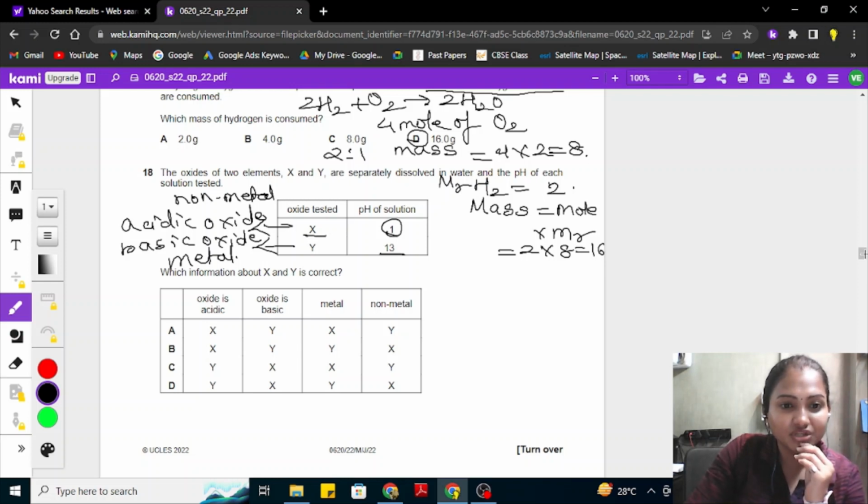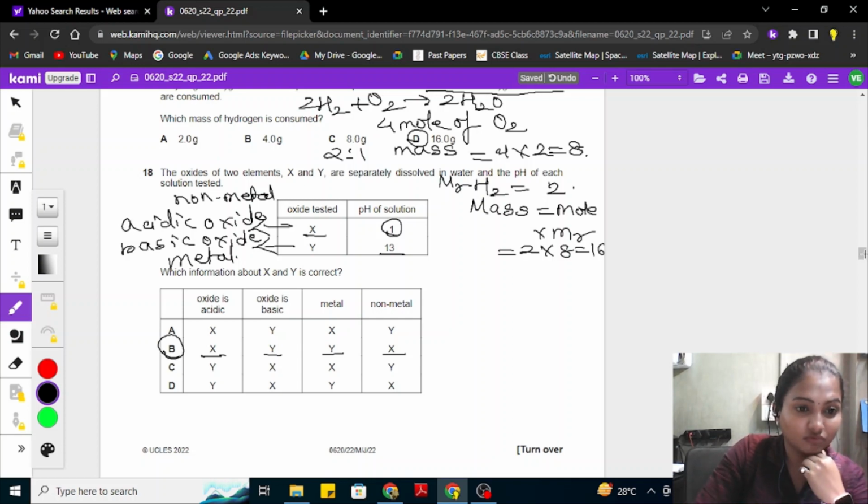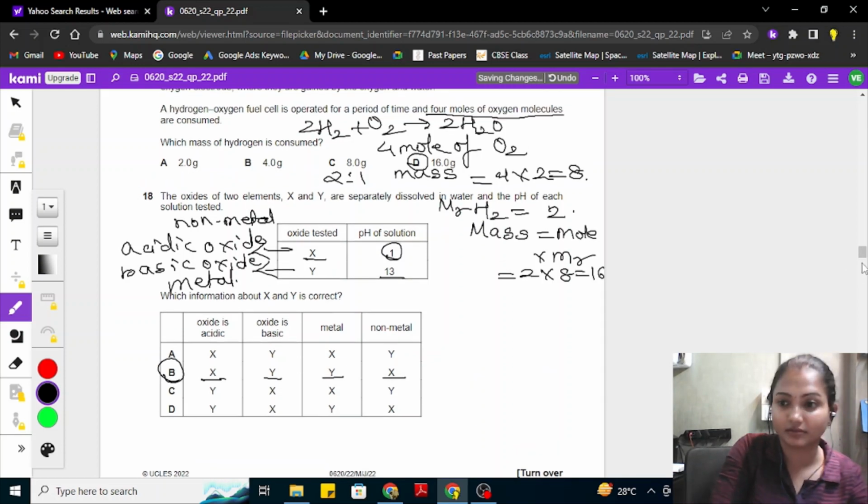So which information about X and Y is correct? X oxide is acidic, Y oxide is basic. Metal is Y because it's a basic oxide, and X is the non-metal. So option B for us is correct.